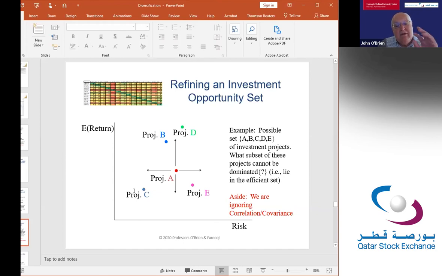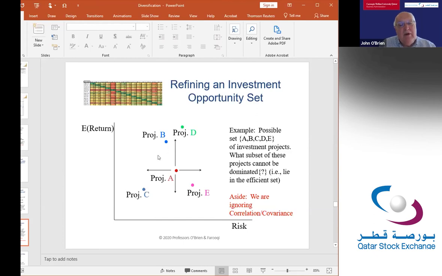So we can refine the opportunity set to just three here. If we can only invest in a whole project, we can knock out A and E because they're dominated by C, B, and D.